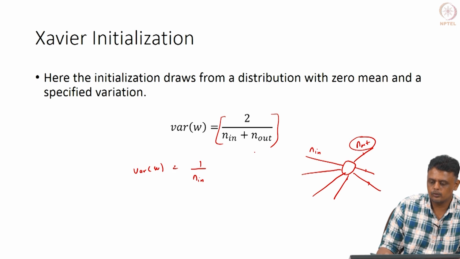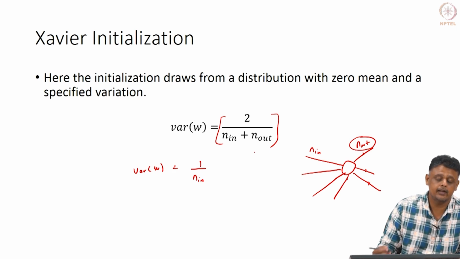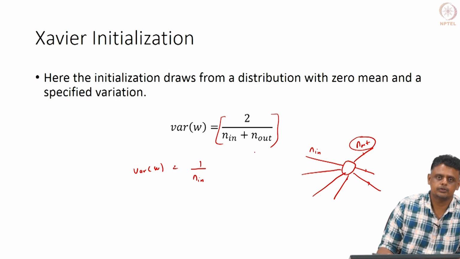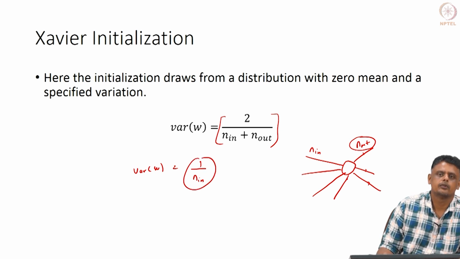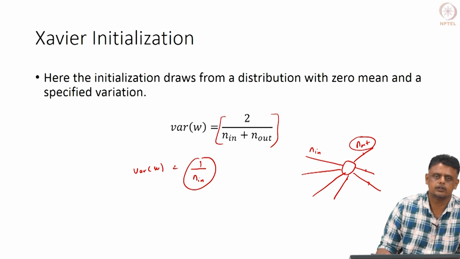And to take that into account, you scale the variance of the distribution from which you sample the weights by an appropriate factor. Okay. So, these are commonly used in practice. Xavier initialization is very commonly used in practice, and so is this one. The 1 over n_in is also commonly used. Okay. So, both of them give very good results for convergence of a network very quickly.